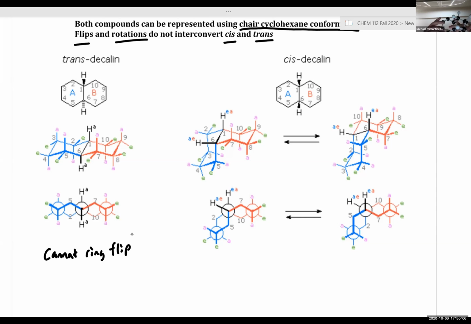Give me one moment just to put together the cis-decalin structure and get it set up in the right conformation for you to visualize this.